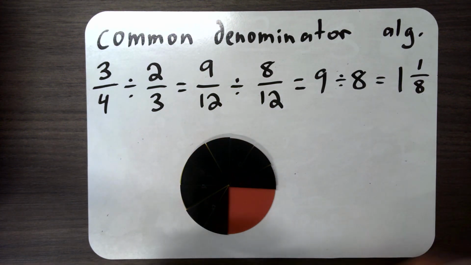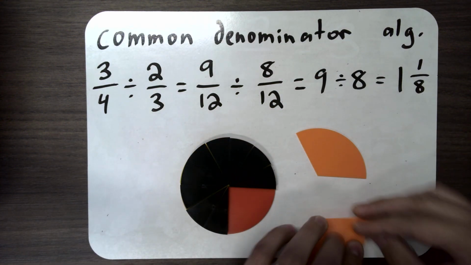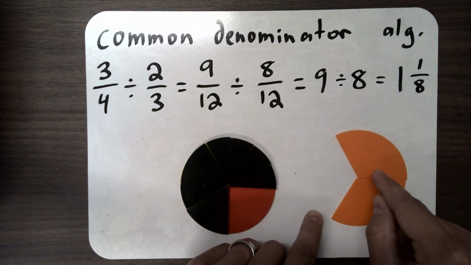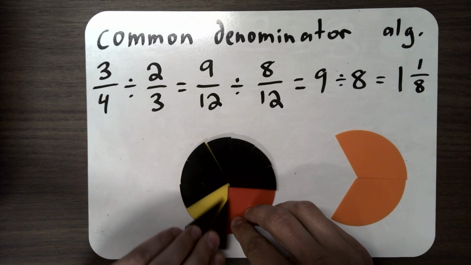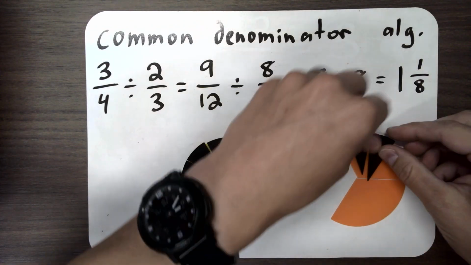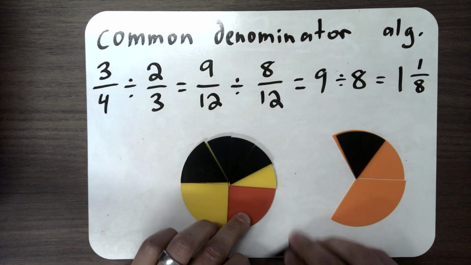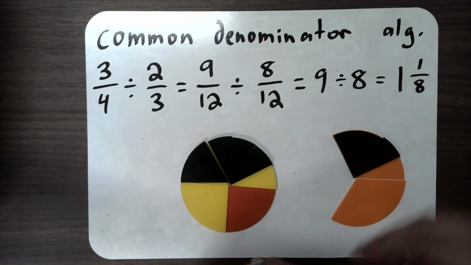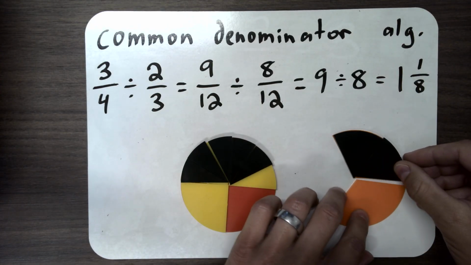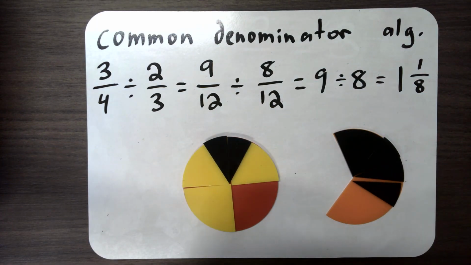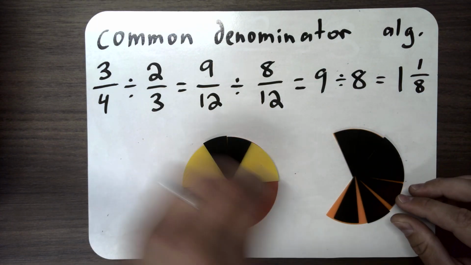So I'm actually going to put these over here so I can show. I'm going to create groups with this size. So I'm just going to take these off and transfer them over. We're using those 2/3 just to make sure that we are actually creating those groups with the size of 2/3.